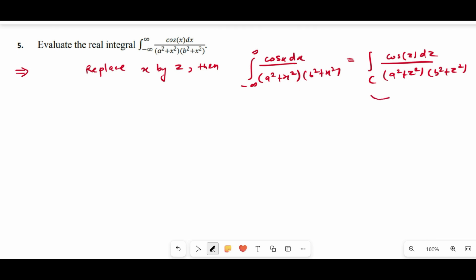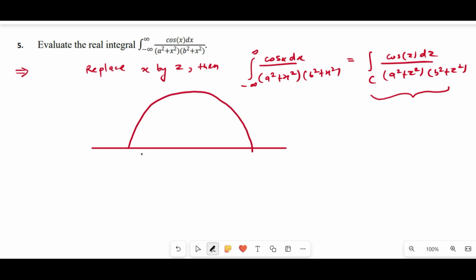So now for solving this integral, we need to draw the diagram. So this is our real x-axis, and this is the upper half circle.